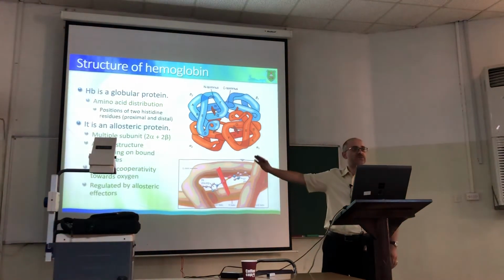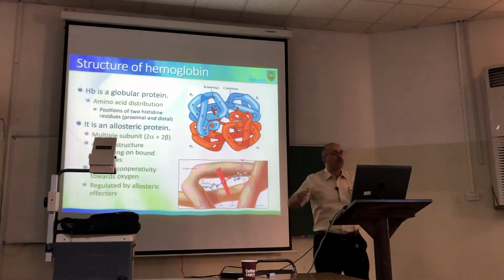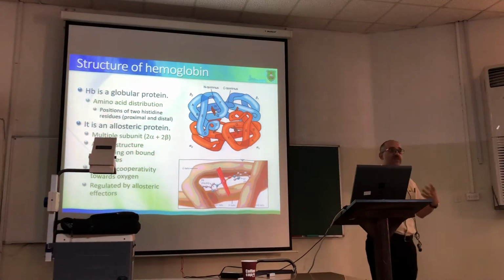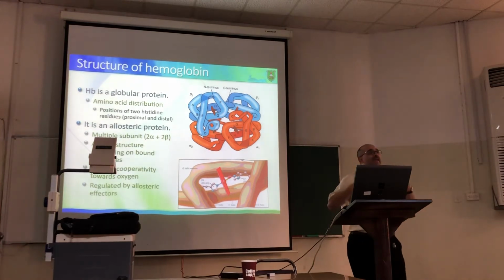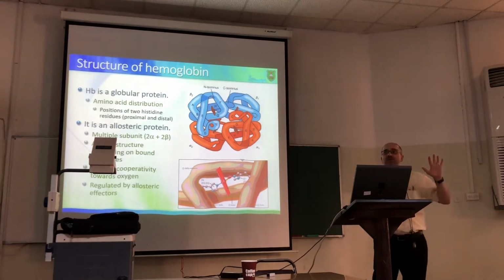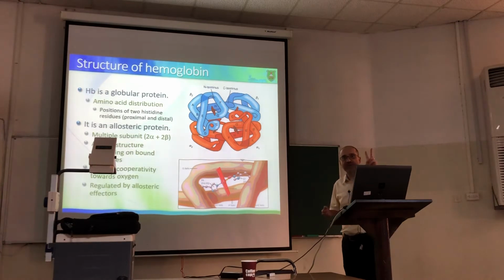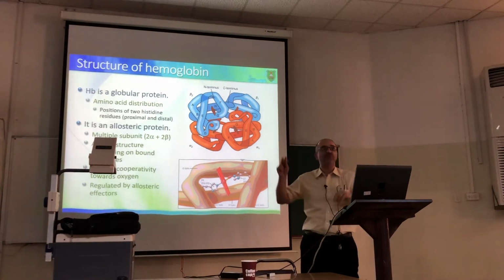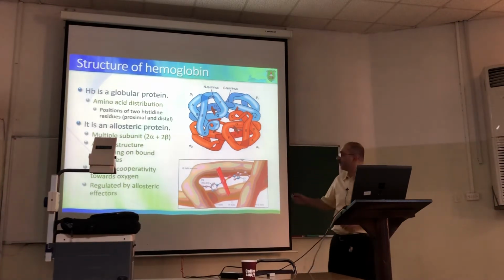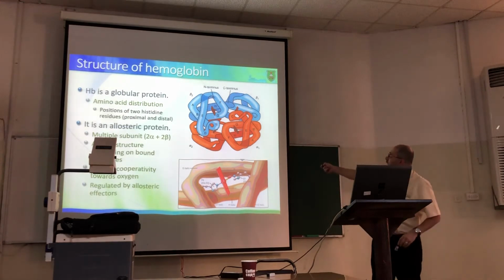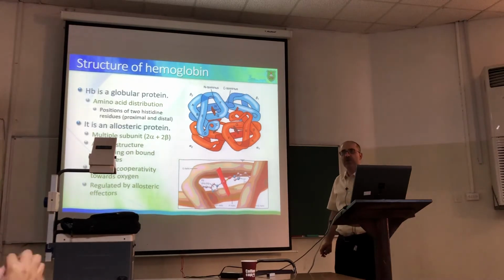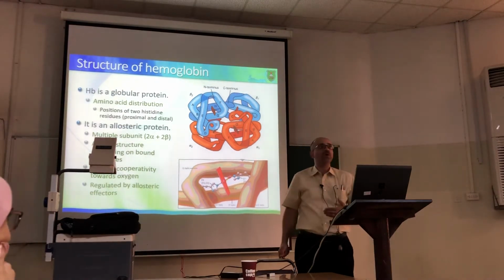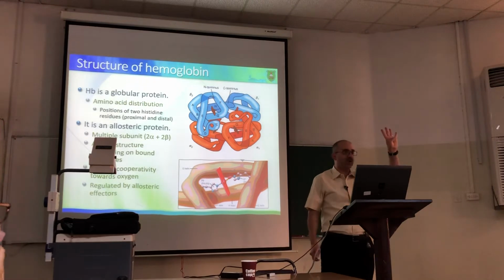They can be dimers, trimers, whatever. Hemoglobin is made of 4 polypeptide chains. In adults, the predominant hemoglobin is made of 2 alpha chains and 2 beta chains. Each one of them has a heme bound to it, and each heme can bind to an oxygen molecule. So each hemoglobin molecule can bind to 4 oxygen molecules.